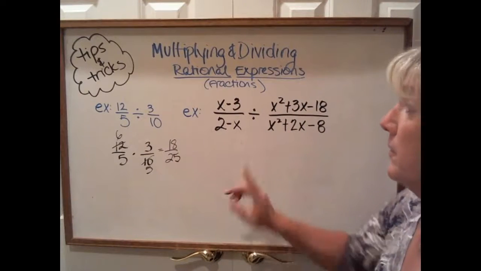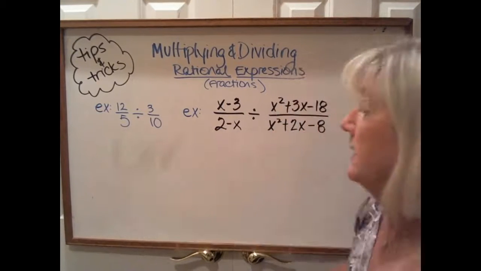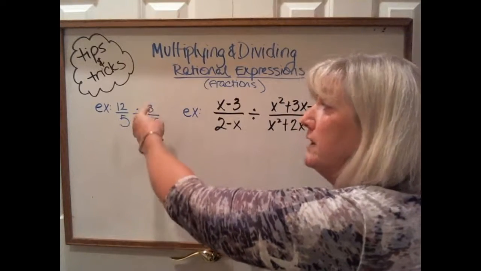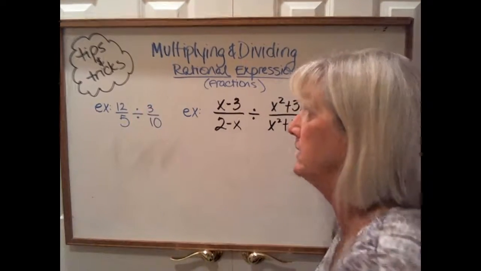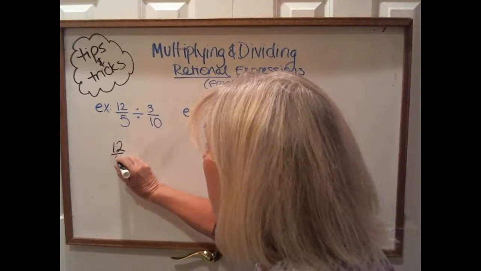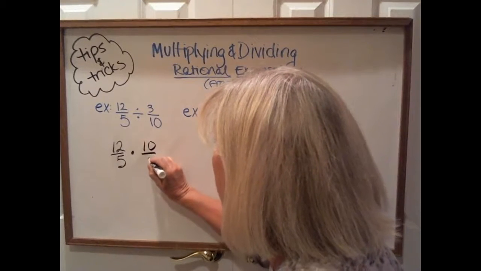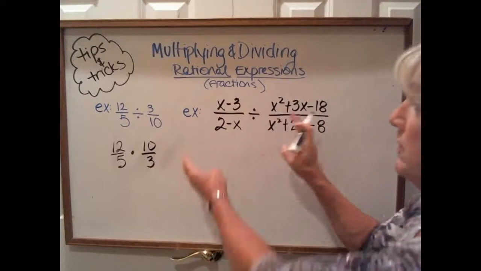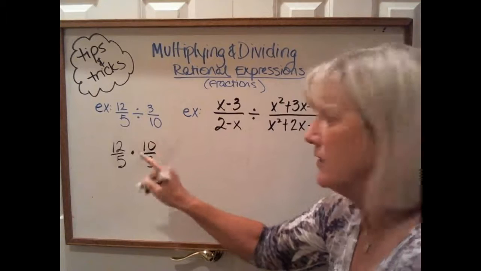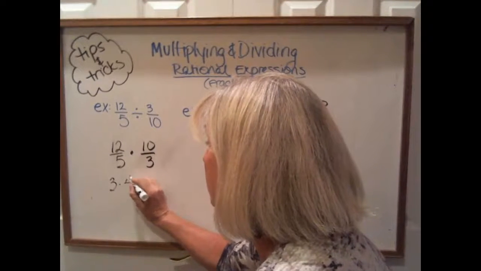All right, so now what do we do different when it's division? In case you don't remember, division means you multiply by the reciprocal, which means you're going to flip over the 10 over 3. So this would turn into 12 over 5 times 10 over 3. And I'm going to parallel it to this. What you want to do then is factor these. So 12 is going to be 3 times 4.